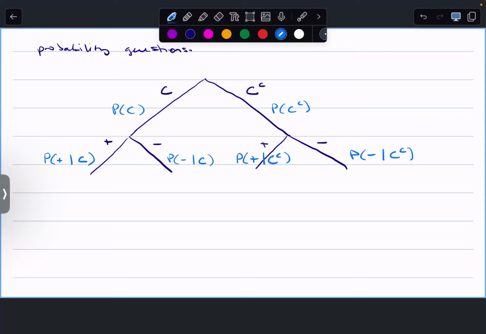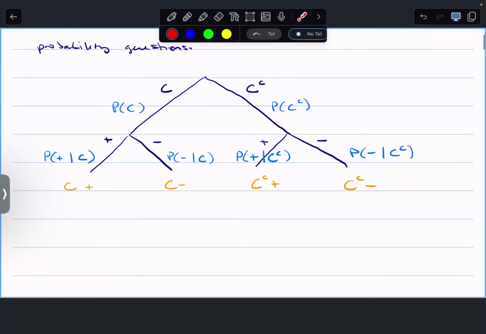So at the bottom of each of these, I like to summarize what the combinations are, right? Cancer and a positive test, cancer and a negative test, not cancer and a positive test, and not cancer and a negative test. Saying and, so the probabilities here, I'm going to multiply down the branch to find each of these and probabilities.